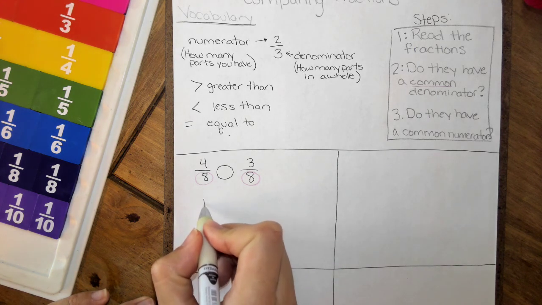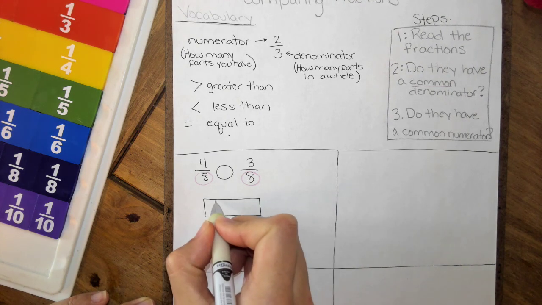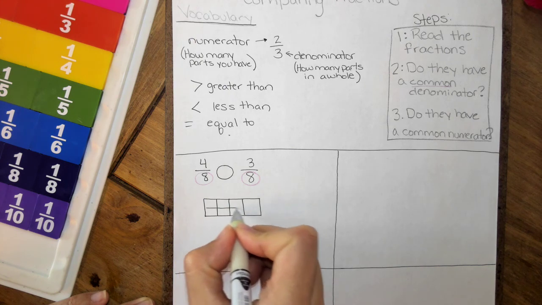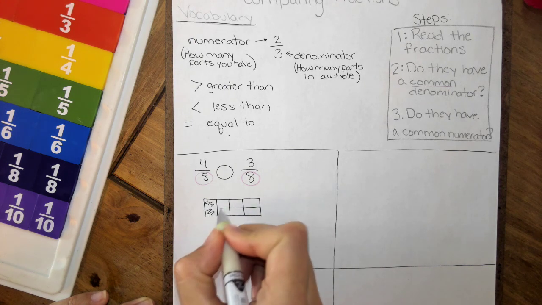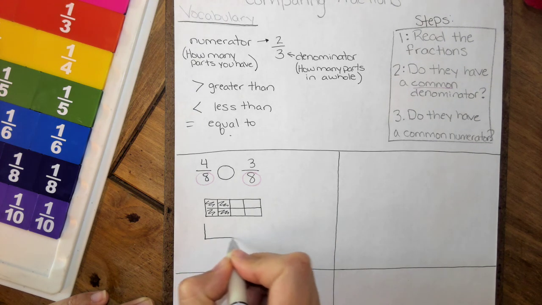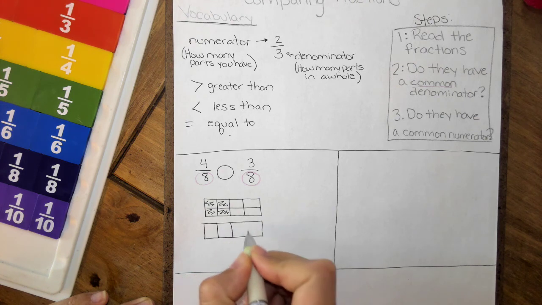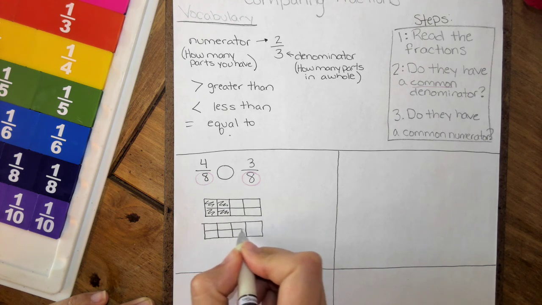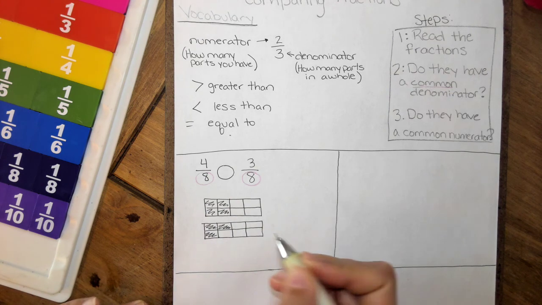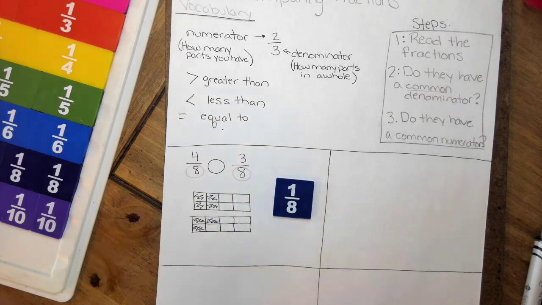So if I was to draw 4/8, 1, 2, 3, 4, and 3/8, both fractions have the same size parts. I can also show that with fraction bars.